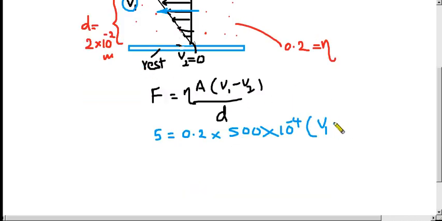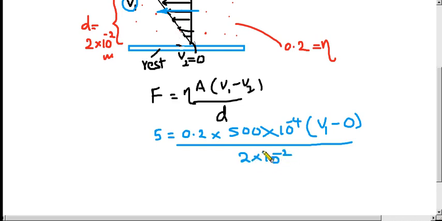V2 is 0. The layer in contact with any object which is at rest is 0. Therefore this V2 is 0. So divide by d, the distance, 2 times 10^-2.